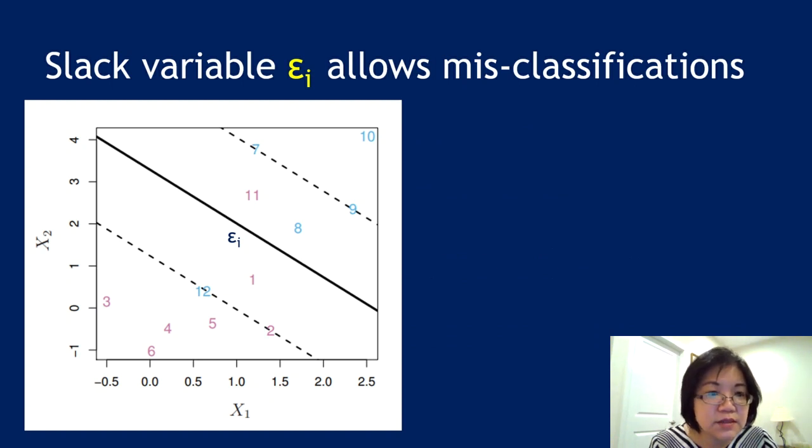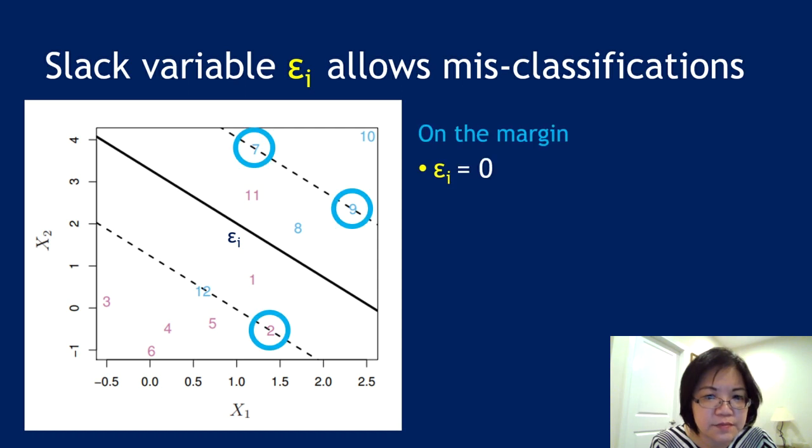C is the budget that we have for slack variables. Slack variables are noted as epsilons. So every data value is given a slack variable, epsilon. Epsilon allows the data point to be misclassified. When the data points are on the margin, the epsilon is 0.